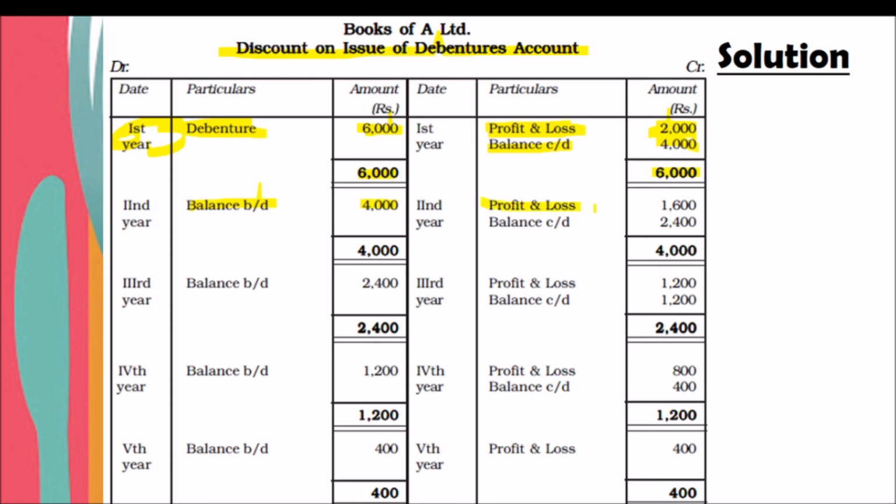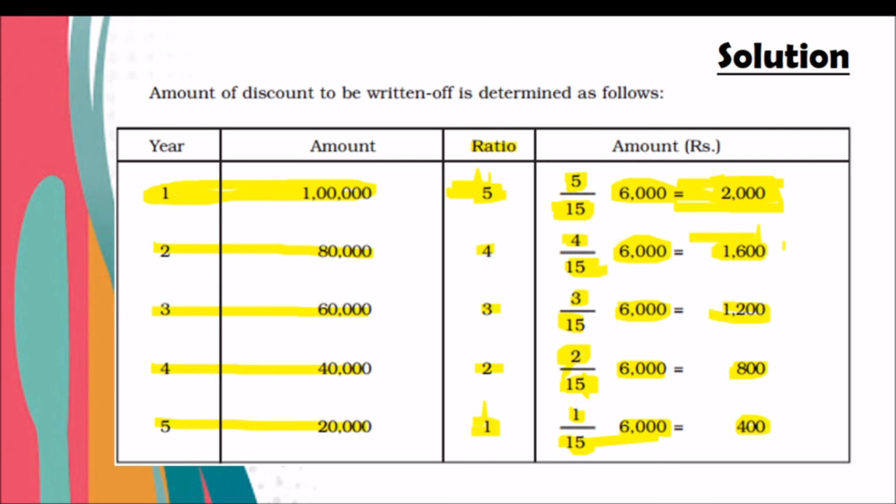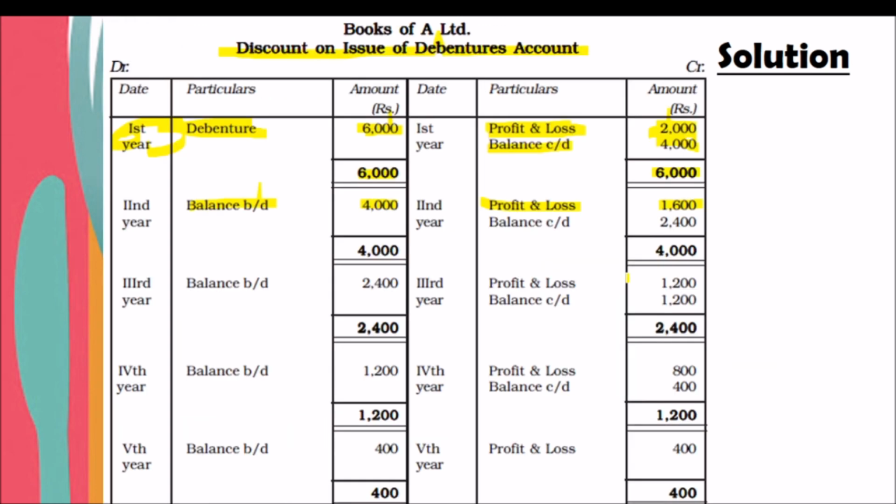Again we are writing profit and loss. The next written off value is 1,600. Deducting from 4,000, the remaining is 2,400. That will be brought down for the next year. That year also we will transfer that proportion, 1,200, to profit and loss.